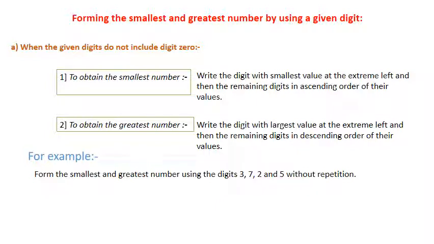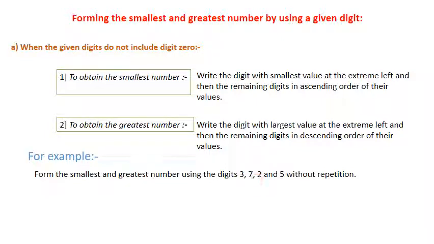repetition. Okay students, here 4 digits are given and using these 4 digits we have to form the smallest number and greatest number. Now to form the smallest number, what is our rule? First we have to select the smallest value. In these digits, the smallest digit is 2.